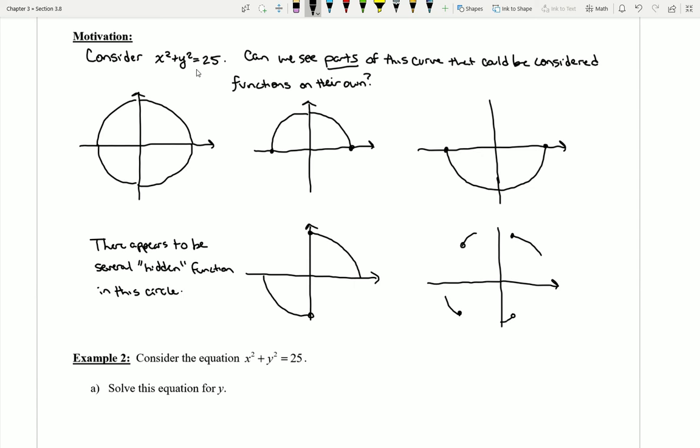And if there are hidden functions within there, then what would be great is if I could find a formula for these hidden functions. That is, find a function formula to graph them. Maybe there's a chance that we could actually find the tangent line slope on these portions of the circle. And we'll see exactly how this is going to play out in the next example.